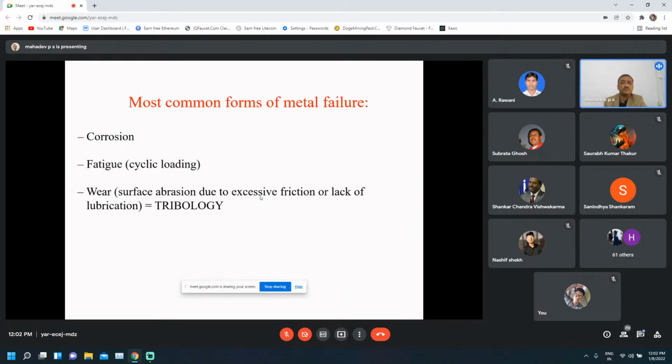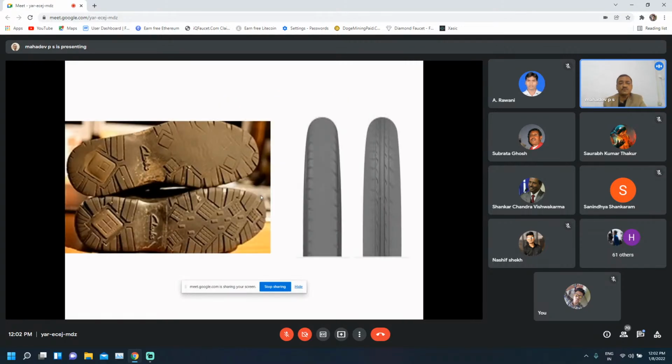The most common forms of failure in day-to-day life and industry are corrosion, fatigue and wear. Wear is the child of tribology. Look at the image on the left-hand side: the shoes we wear. The top shoe is smoothened because of more use, while the bottom shoe you can see is less worn. So the top one is worn more.